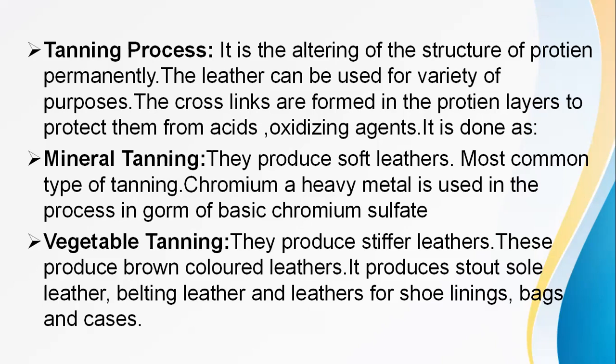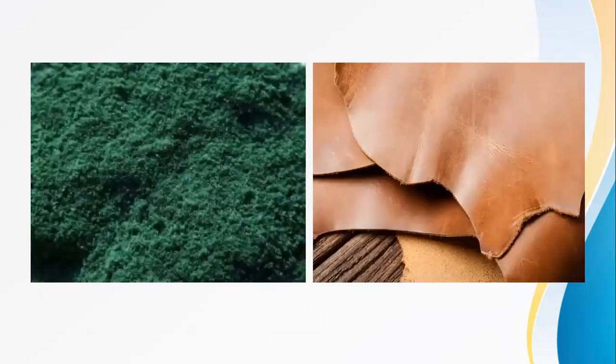So it is also one of the manufacturing processes, the tanning process. Moving towards the next slide. This describes the mineral tanning on the left and the vegetable tanning on the right. We can see the description of the vegetable tanning. It seems to be a little stiffer leather. Moving towards the next slide.